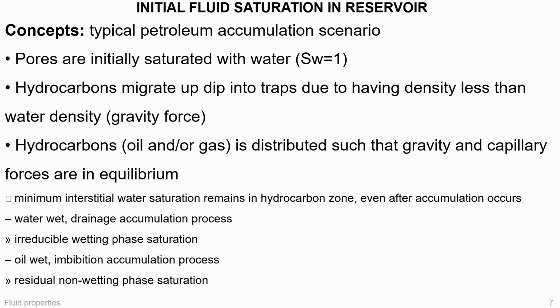Importantly, even in the hydrocarbon zone, some water remains as a minimum water saturation, often called irreducible water saturation in water-wet systems. This explains why pure oil saturation is not realistic in real reservoirs.